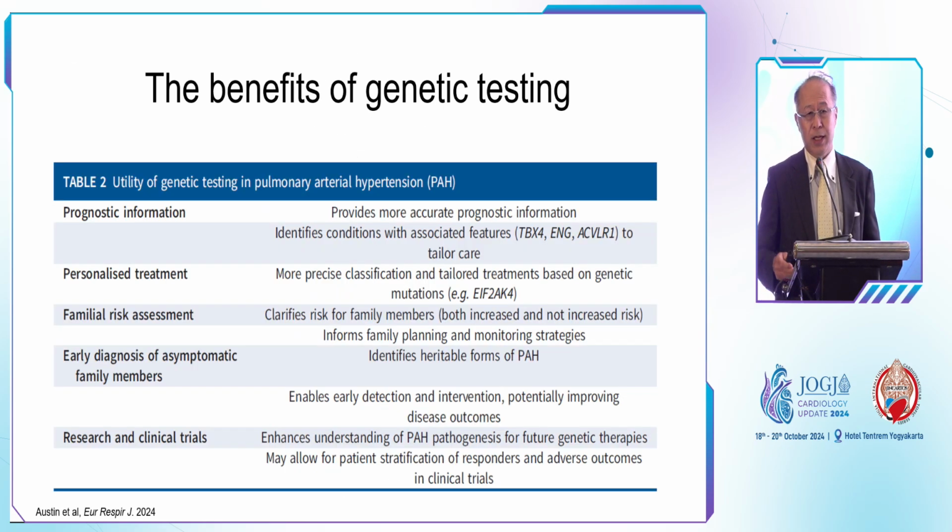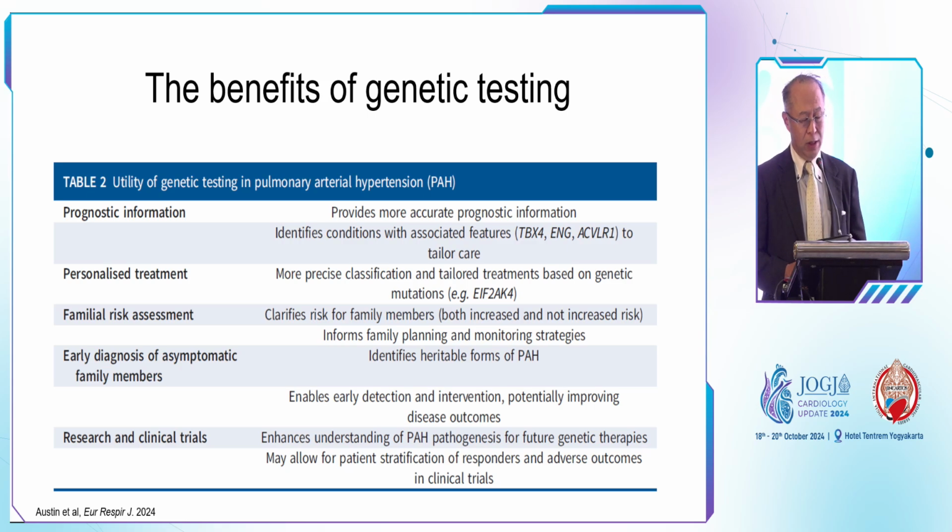So if one has a BMPR2 mutation, there is a possibility that he or she would develop PAH, although the penetrance of this gene is only 20%. So in other words, even if one has a mutation in BMPR2, only 20% of the people would develop PAH.